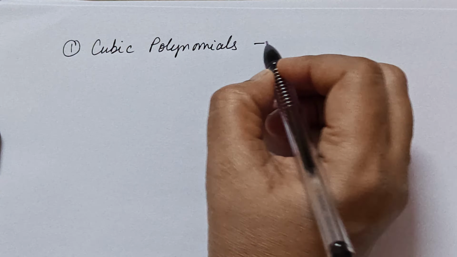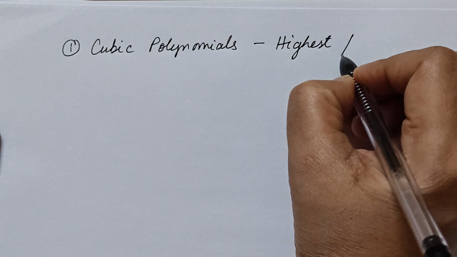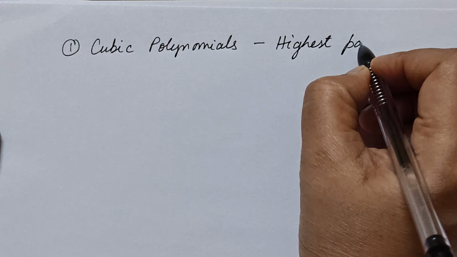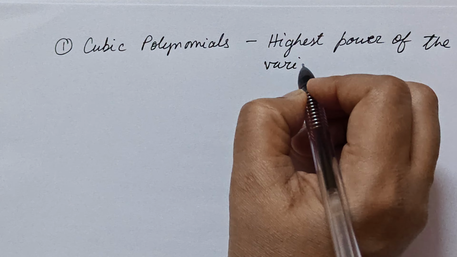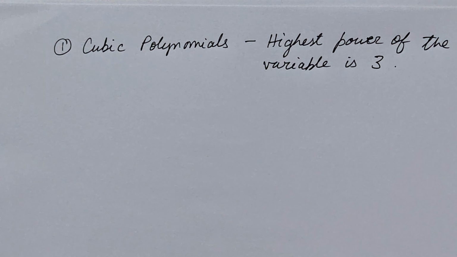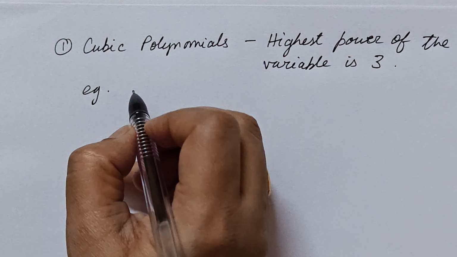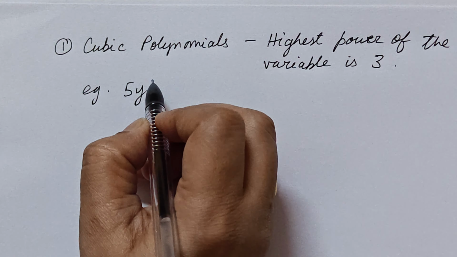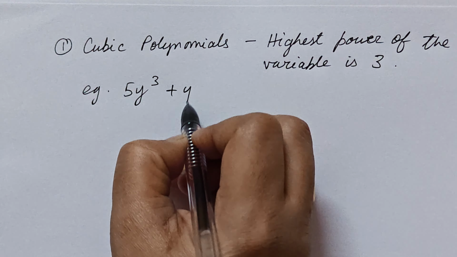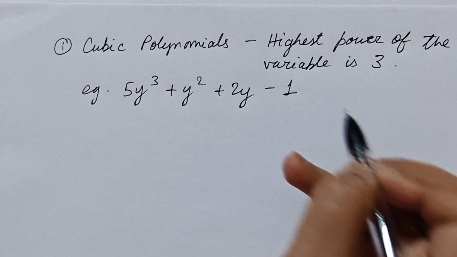Cubic polynomial. What is a cubic polynomial? The highest power of the variable is 3. Let us take one example here, like 5y cube plus y square plus 2y minus 1.